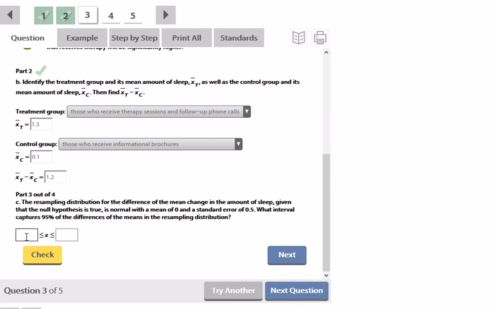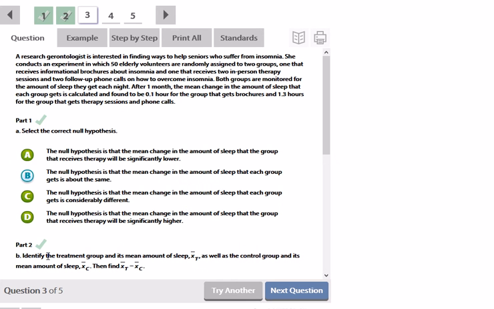So 2 times 0.5 is 1. So you would go 1 to the left and 1 to the right. So 95% of the differences should fall between losing 1 hour of sleep and gaining an hour of sleep. -1 and +1.